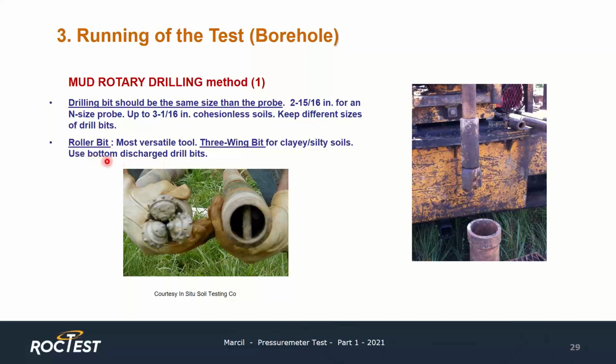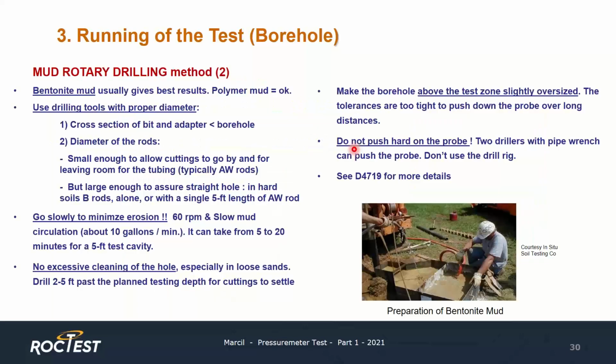A tricone roller bit is the most versatile tool, and 3-wing bits work properly in clay and silty soils. The bentonite mud is the best mud, I think, but other types of mud can also be used.